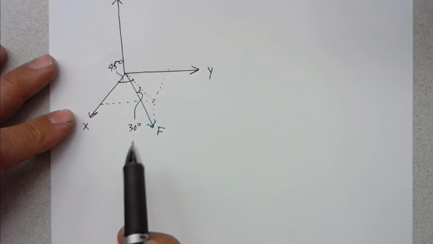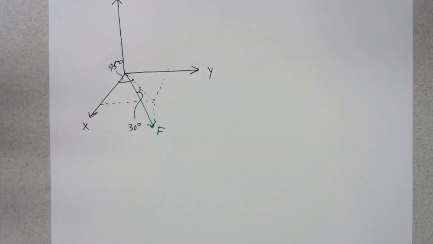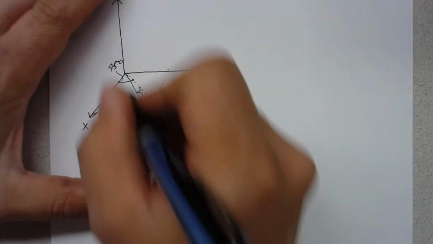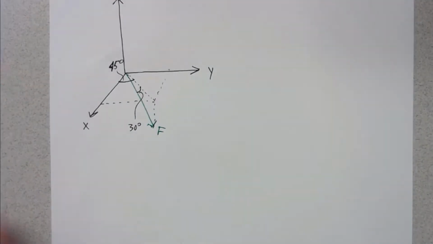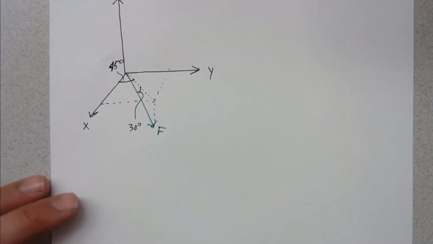So in this case, you could call it negative 30, or you could just say 30 below the xy plane. Does that make sense? The azimuth angle is the angle off of it.